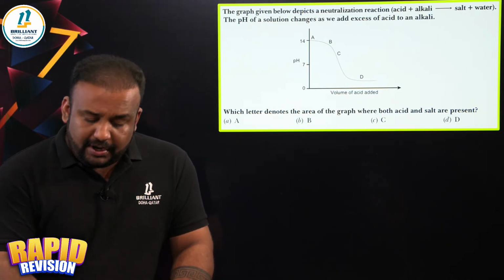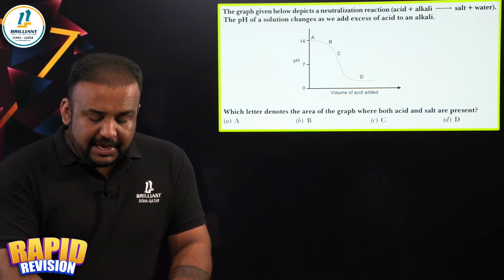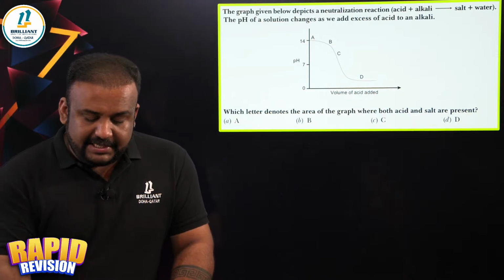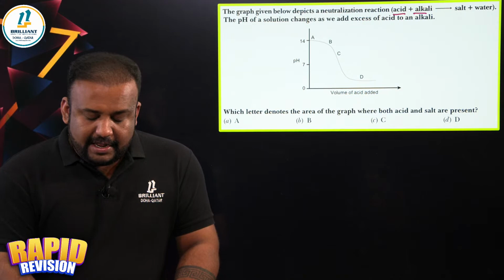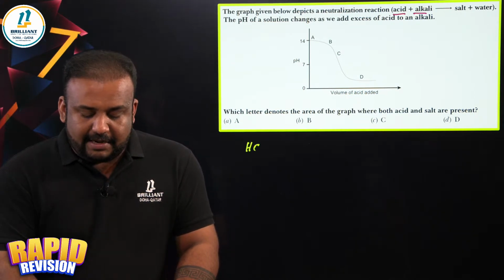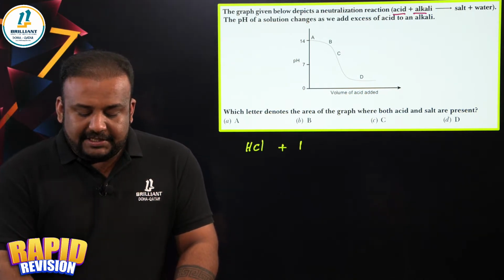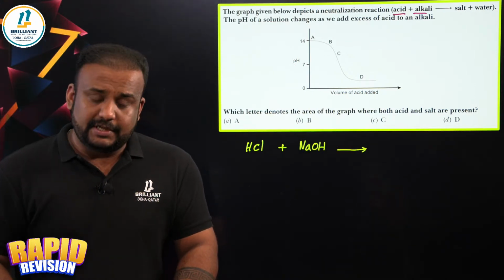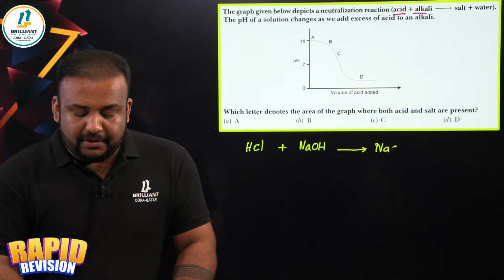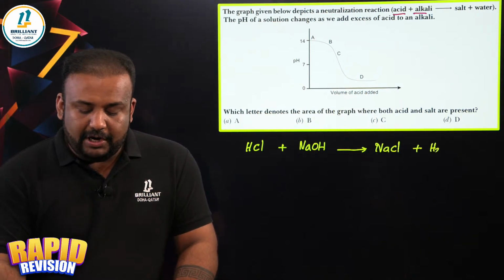This is a very important question, and you can see here, in this case we are mixing acid and alkali. So all of you know that any acid, say for example HCl, mixed with a base or an alkali like NaOH, it will result in the formation of salt and water.